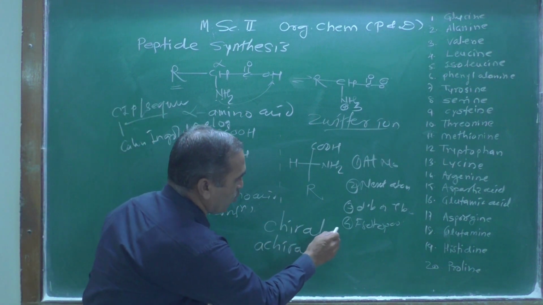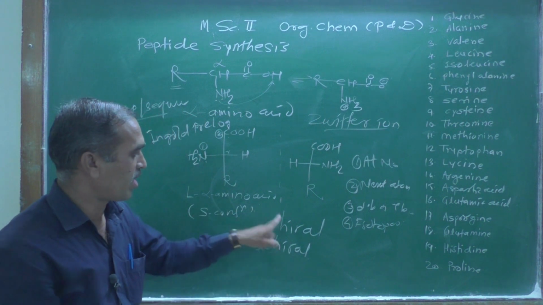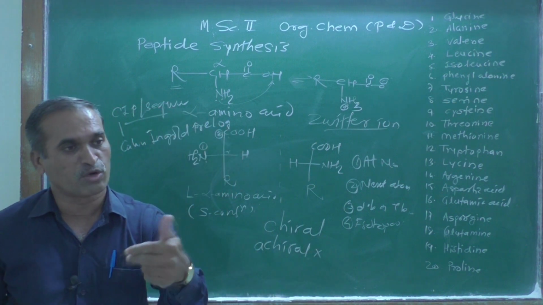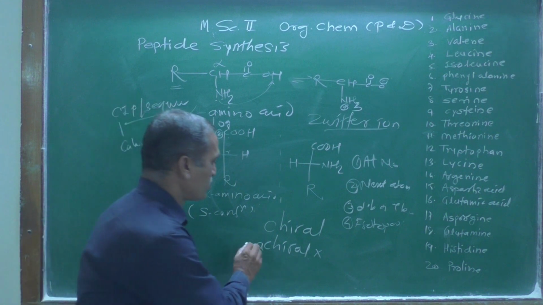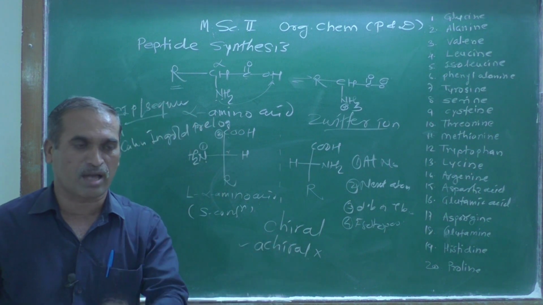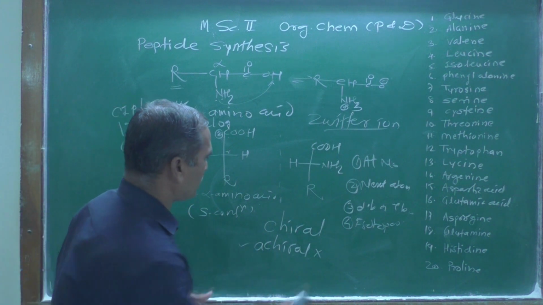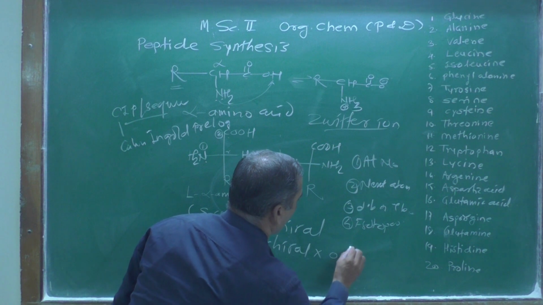Chiral means the carbon atom is attached to 4 different groups. Achiral means 2 or more groups attached to that carbon are identical, and this shows an optically inactive nature.